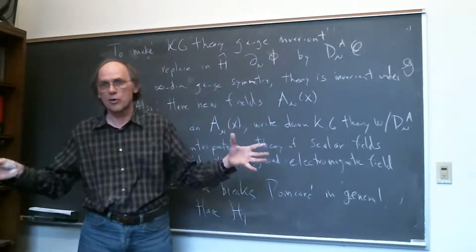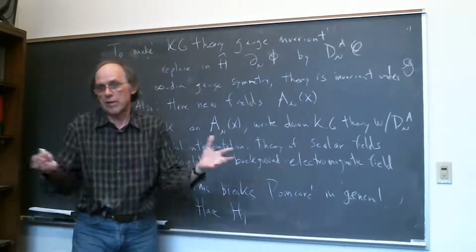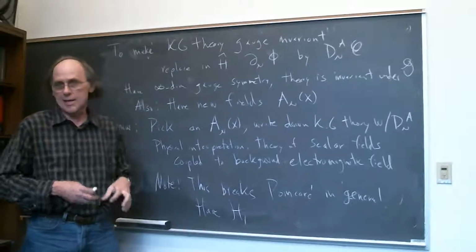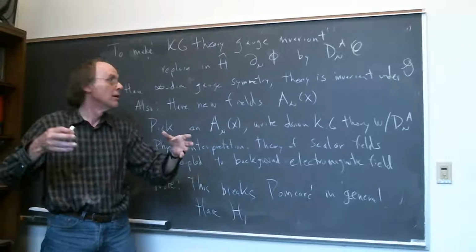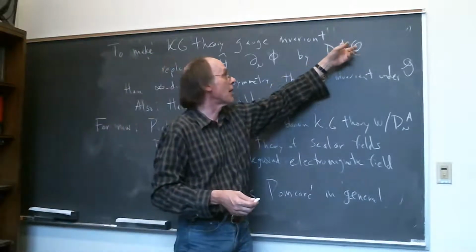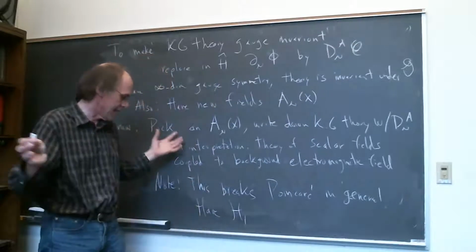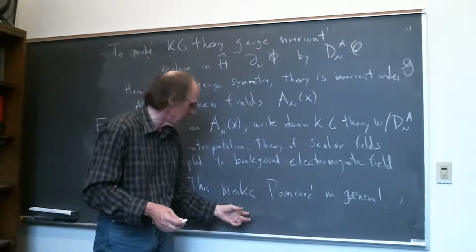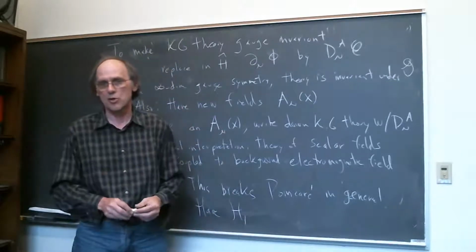If I write down the Klein-Gordon equation and use covariant derivatives, it's a linear equation. It's kind of a nasty linear equation because it depends on this A, and it can be arbitrarily complicated to solve, but it still has all the same properties. It's a linear equation. This is a linear space. I can quantize it the usual way.